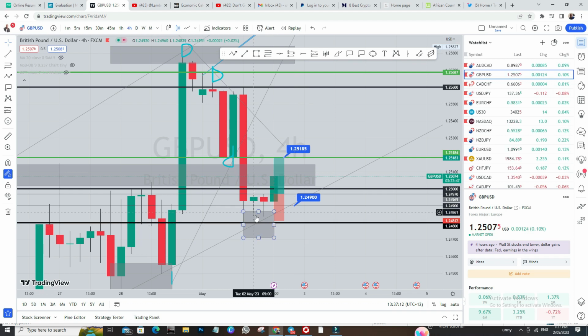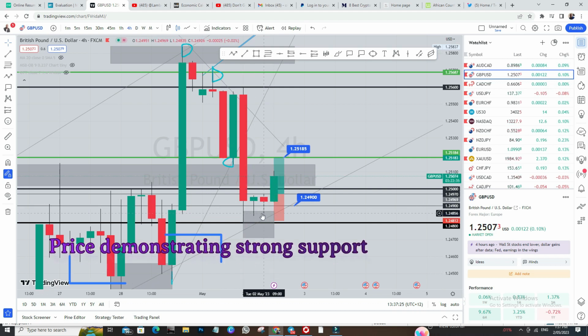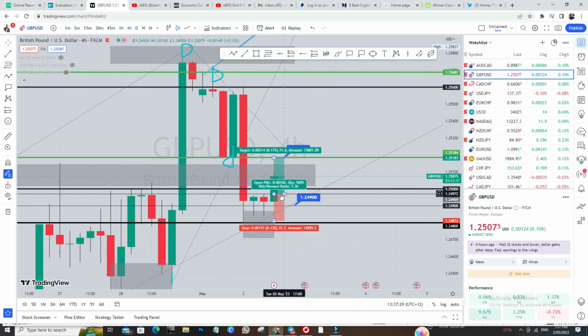You can see it stopped here with a wick. The next candlestick developed another wick here, showing buyers were coming in. After 1, 2, 3 wick rejections, you can see this bullish candlestick to the upside. I took my entry from here, but I'm going to enter a 15 minute time frame to see exactly what's happening.